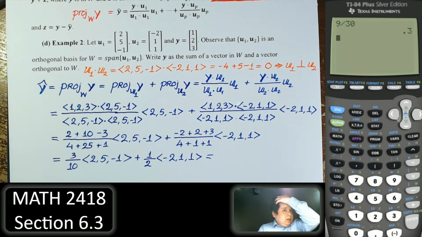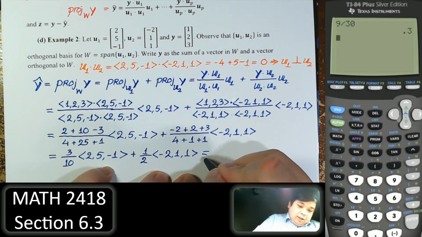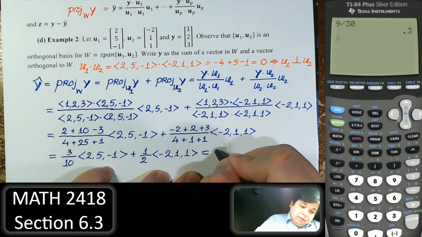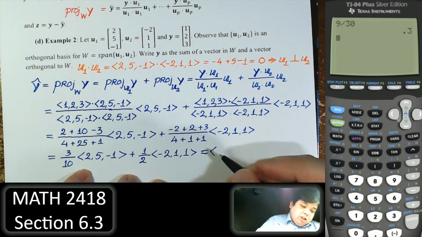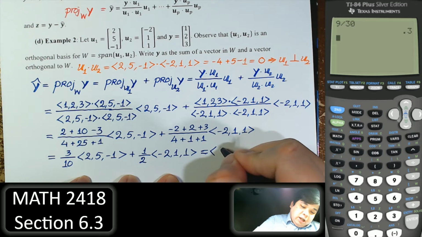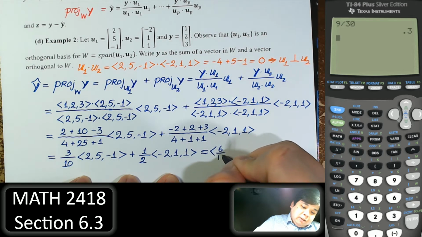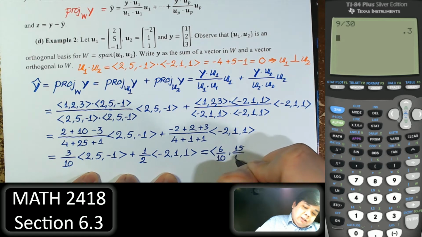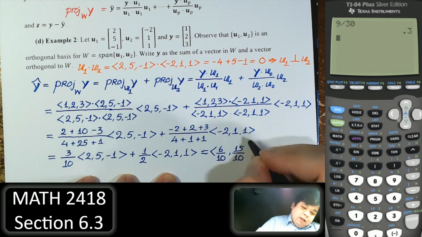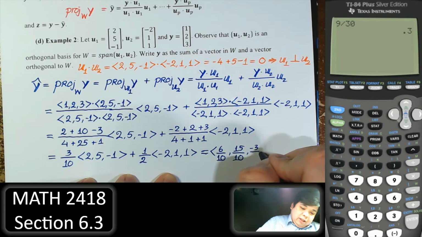So just keep that over 10: 6 over 10, 15 over 10, and negative 3 over 10.